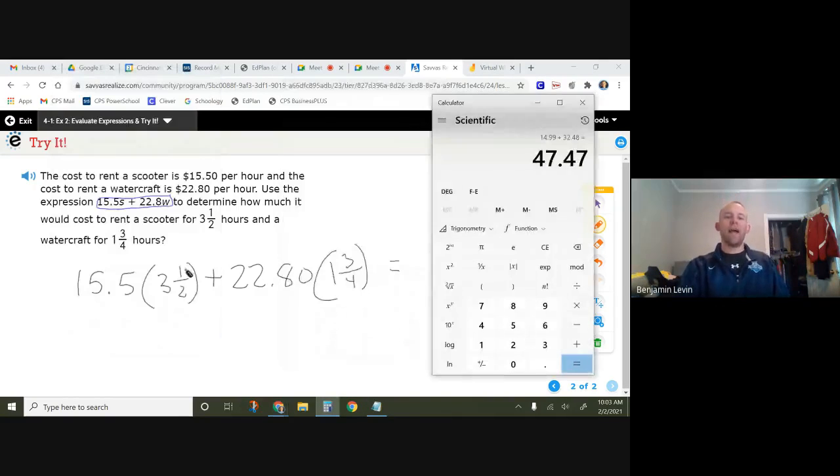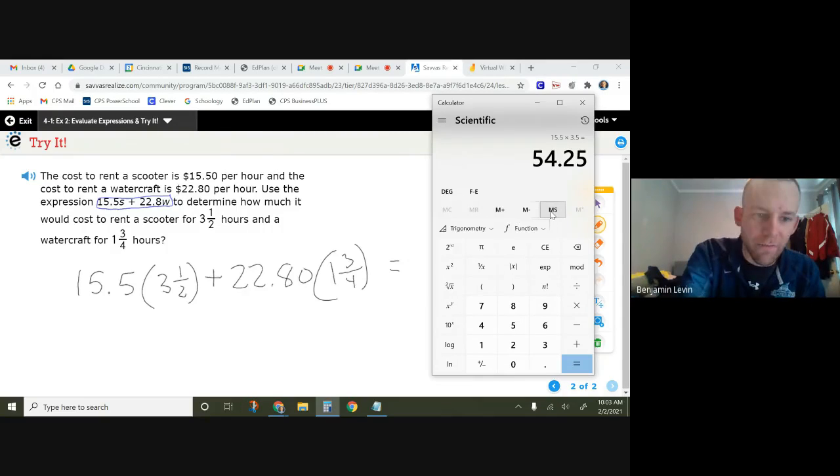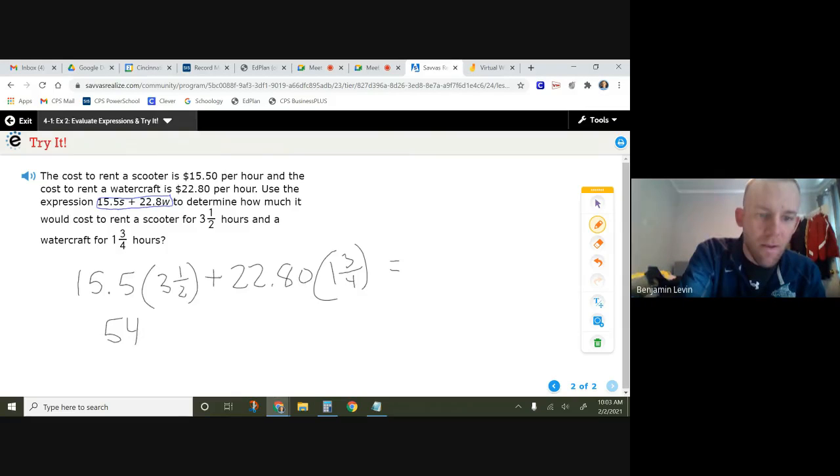We know that 3 1/2 is the same as 3.5. So what I'm going to do is 15.5 times 3.5. That is $54.25. That is the cost to rent the scooter for 3.5 hours.